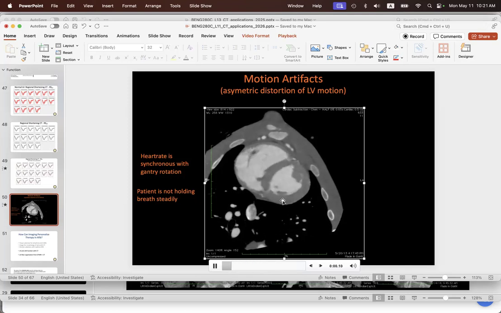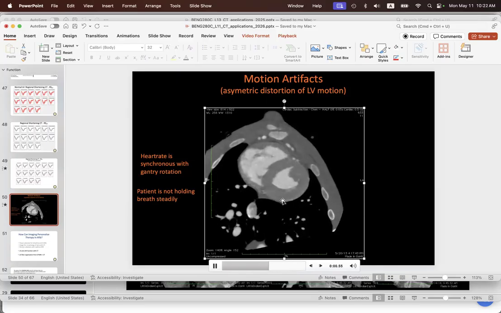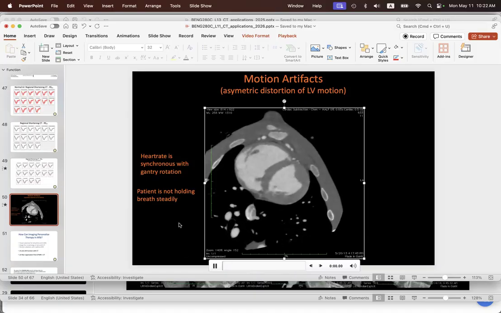Otherwise, the timing is shifted one way or the other depending on the relationship between when that contraction happens and where the gantry is at the moment that you're making that image. So motion artifact is important for doing LV motion as well, to get it correct.